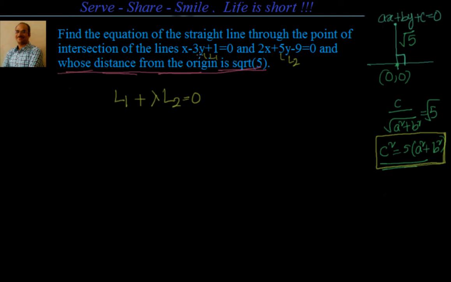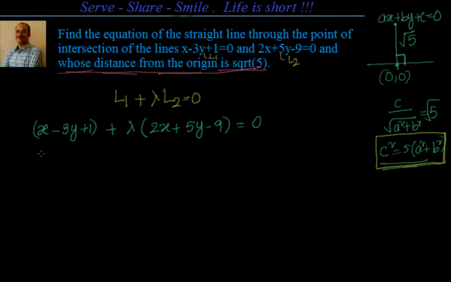First let me go ahead and try to find out how L1 plus lambda L2 looks. We'll have L1, that is x minus 3y plus 1, plus lambda into 2x plus 5y minus 9 equal to 0.